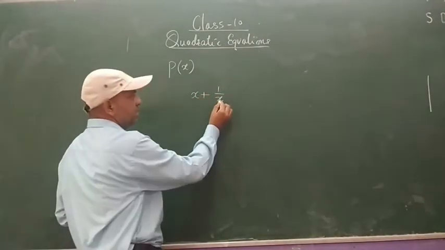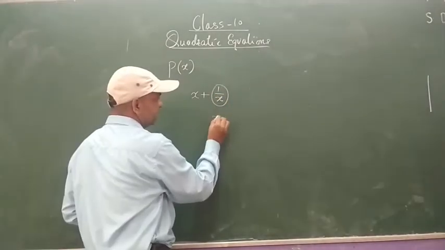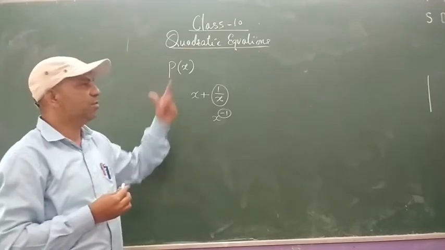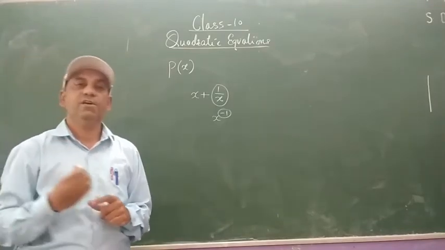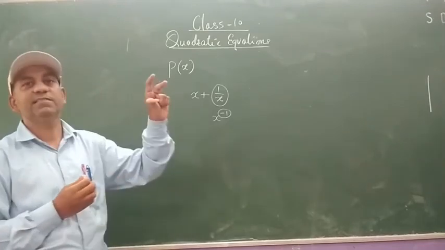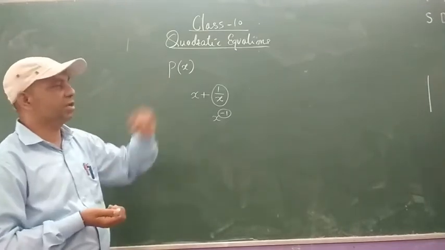No, because here the degree of x is -1, so it is not a whole number. An expression where the degrees of variables are whole numbers is called a polynomial. So P(x) is a polynomial.